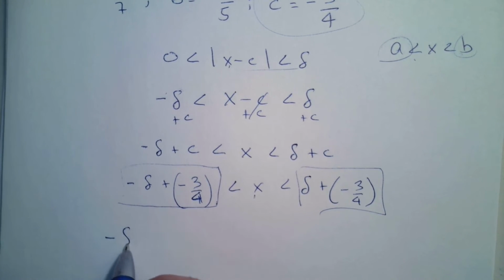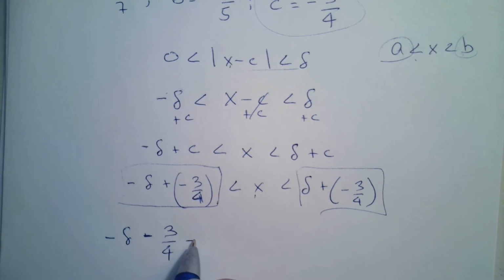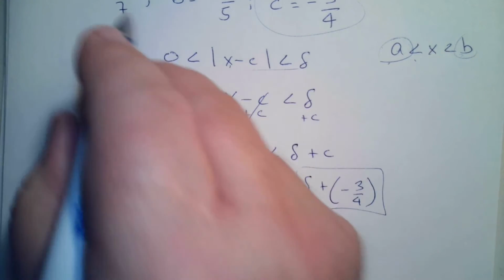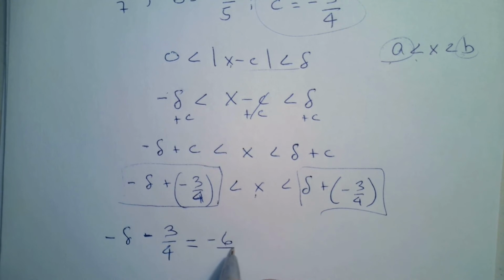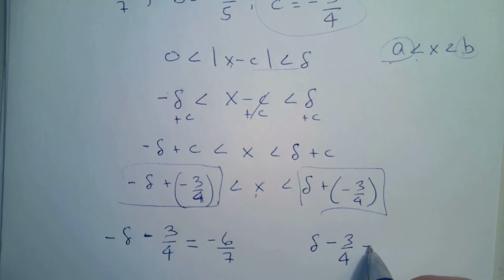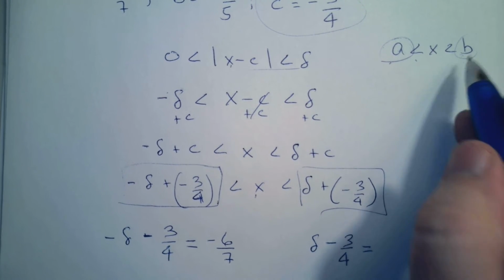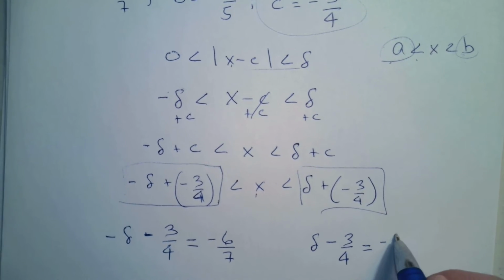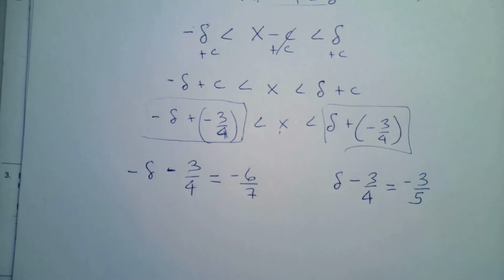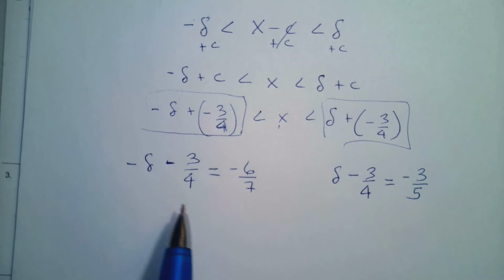So this has to equal A, which is negative 6/7, and this one has to equal B, which is negative 3/5. So now we solve for this and look for the smaller one.